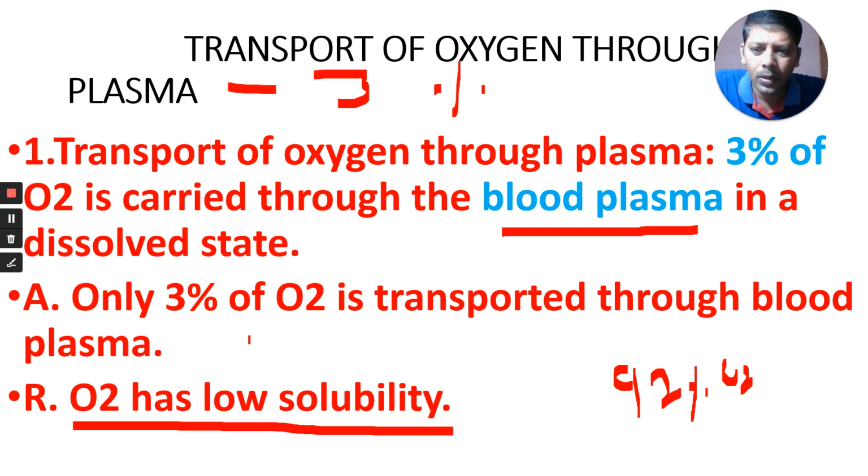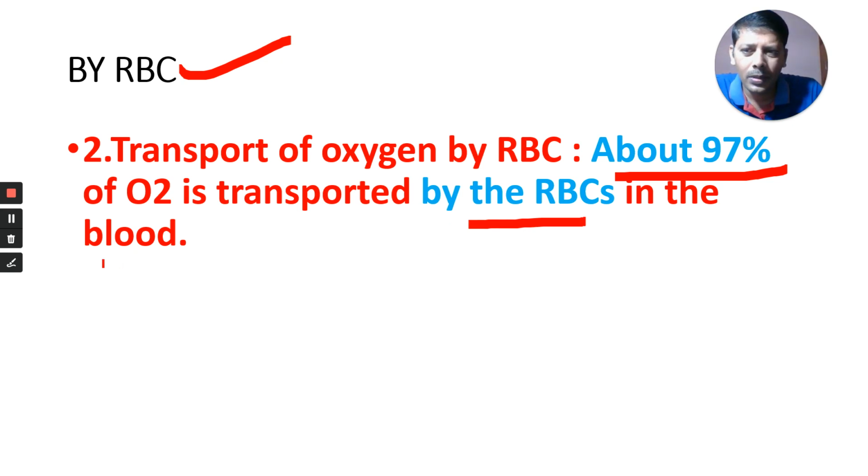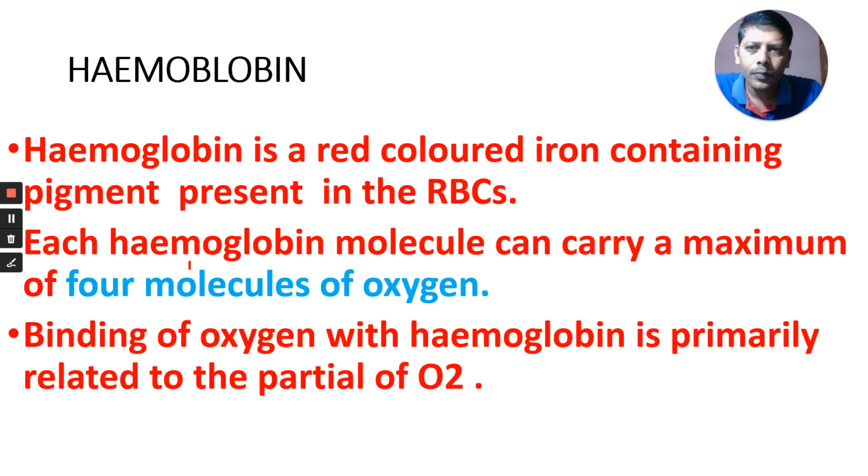Assertion reason: only 3% of O2 is transported through blood plasma. The reason is O2 has low solubility. Next, about 97% of oxygen is transported by RBC in the blood.